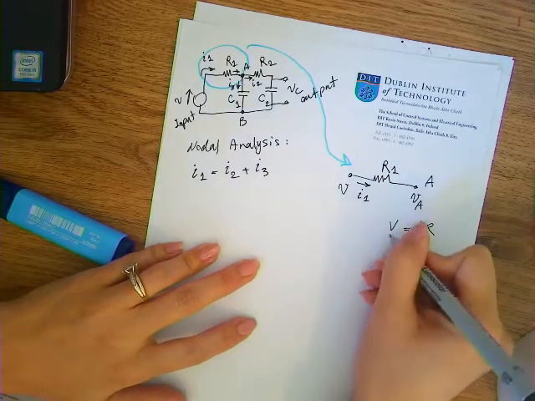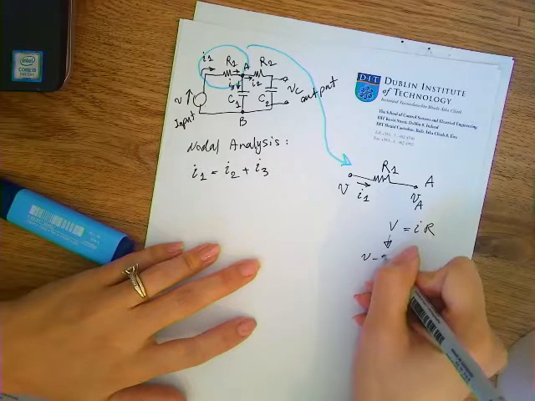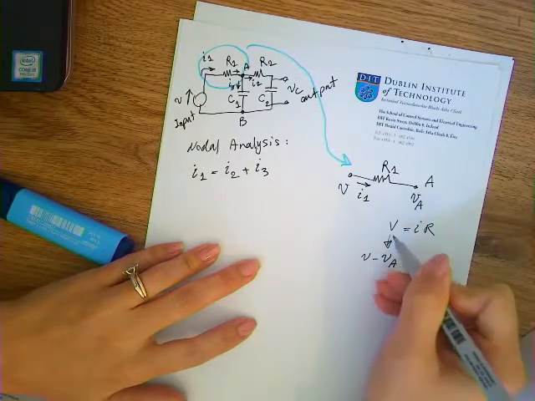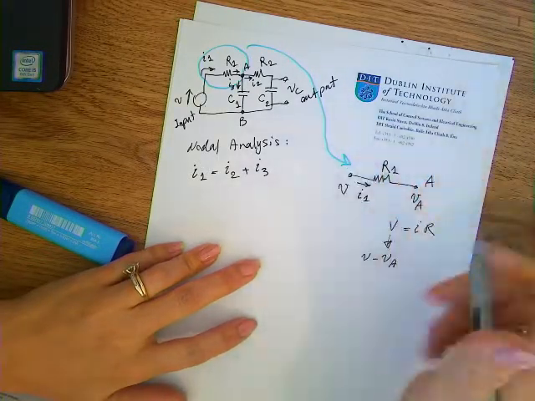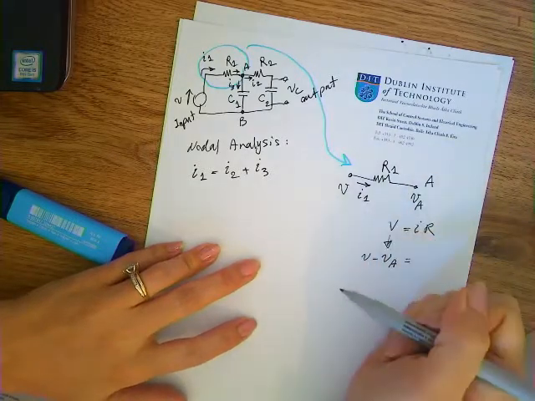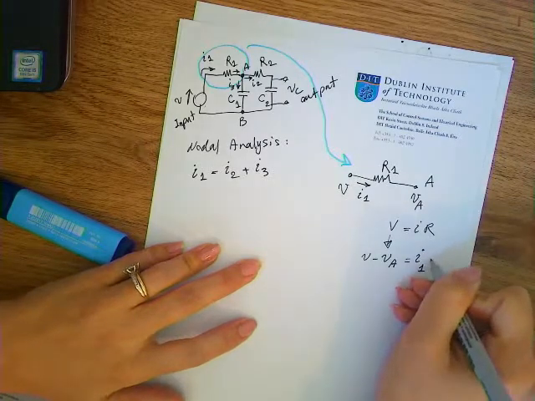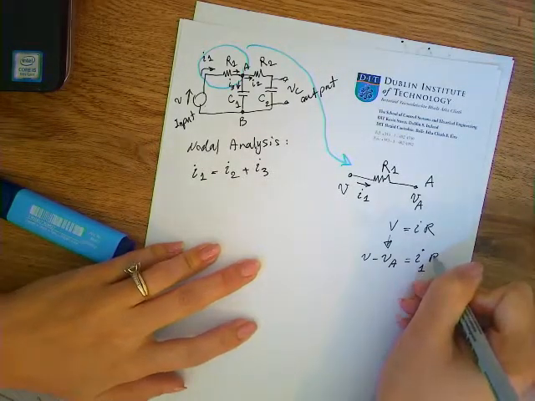So for that reason, I should write V minus VA. That would be the voltage across this resistor. And the I that is flowing through that resistor is I1. So I have I1 here and R1.